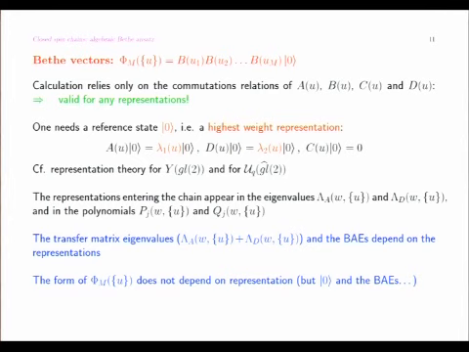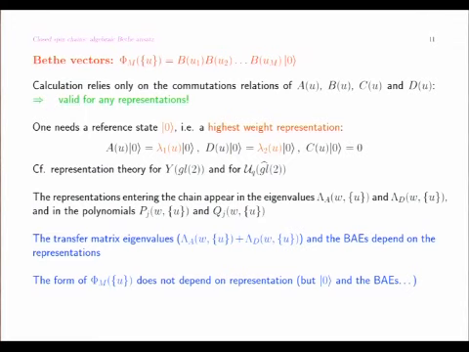So just to sum up, the Bethe vector: you started with this expression, and you construct them as eigenvectors of the transfer matrix using only the commutation relations of A, B, C, D. So of course it's valid for any representation, and you need a reference state, a highest weight representation.